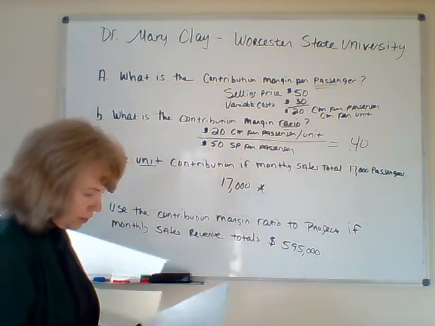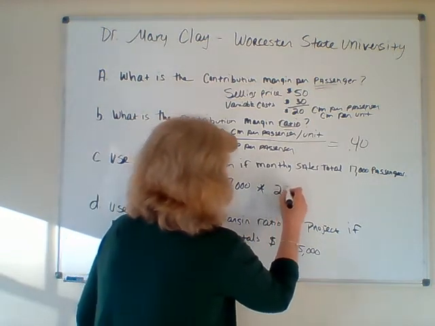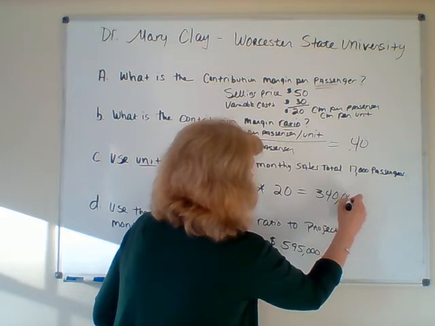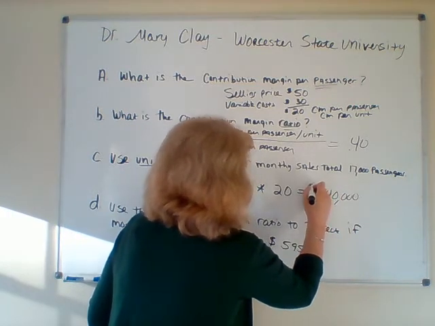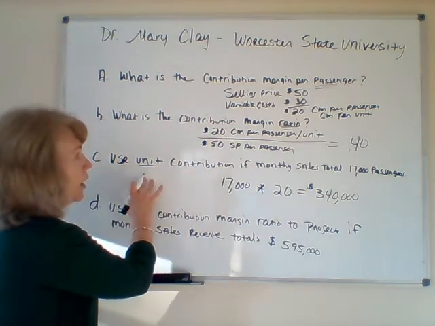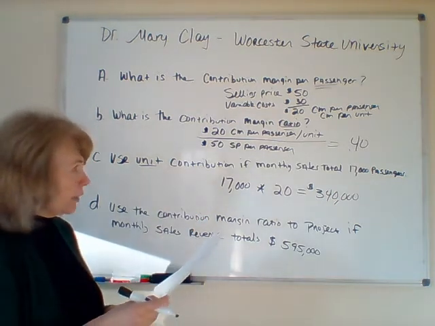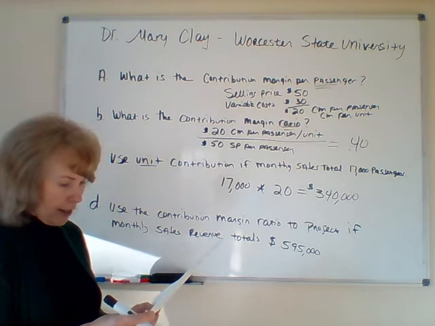So 17,000 times 20 equals $340,000. So what they're looking for is the unit contribution if monthly sales total 17,000 passengers.